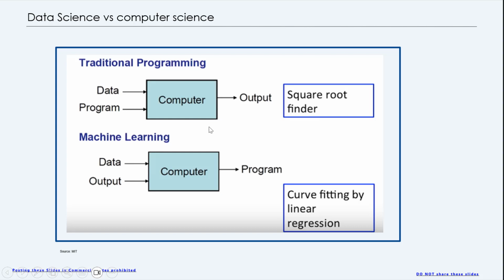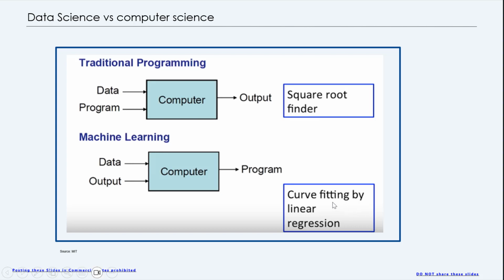On the other hand, in machine learning, this is kind of flipped. You provide the data and the output, and we ask the computer to find the program. So in machine learning, what the program does is learn the algorithm.